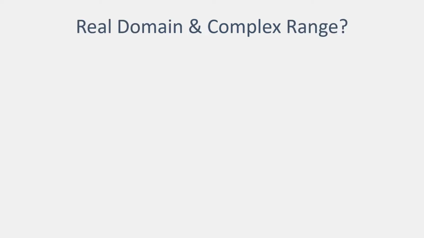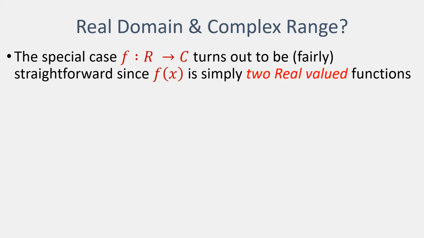What if we're mapping from real numbers to complex numbers? Well, it turns out that that particular case is actually fairly easy to handle because all we are dealing with in this particular instance are two real valued functions.